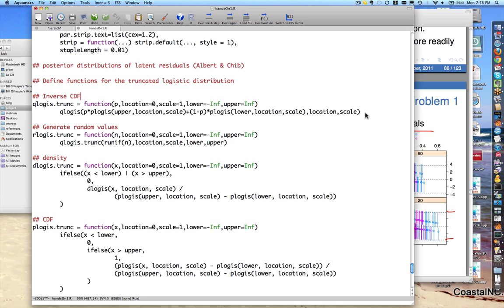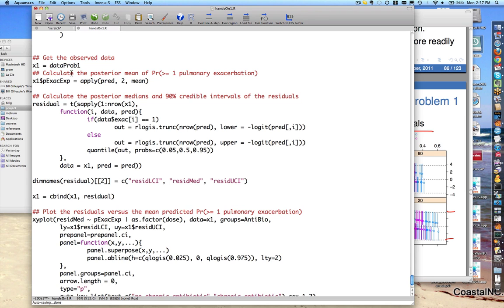So they do have a logistic distribution, but we had to make separate functions here for the truncated logistic distribution. So we got functions here for the inverse cumulative distribution function, something that generates random variables from the truncated logistic, a density function, and a cumulative distribution function.